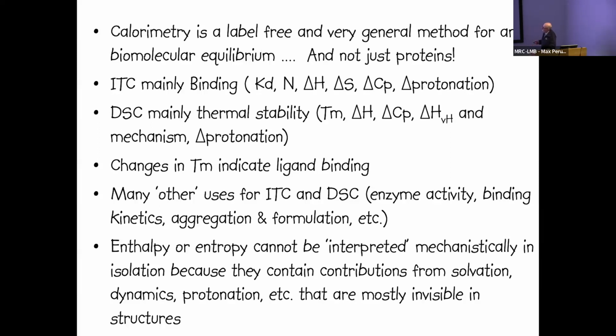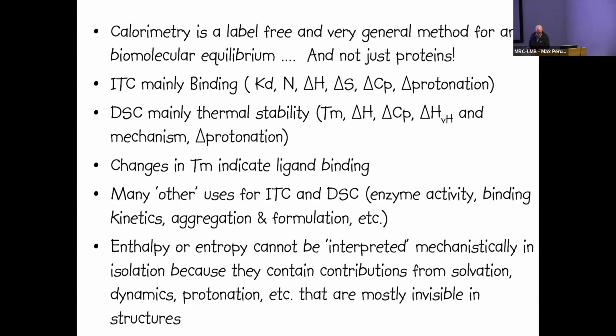And there are many other uses for both ITC and DSC: enzyme activity, kinetics, where you're looking at broadening of the peaks, aggregation, and also there's a whole field of DSC used in formulation, particularly antibody formulation. But enthalpy and entropy can't be interpreted mechanistically in isolation because there are all these other contributions from solvation, dynamics, and so on.